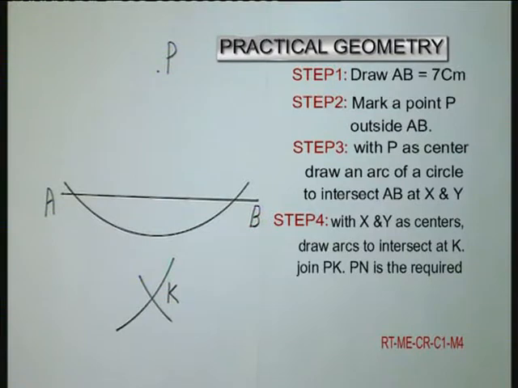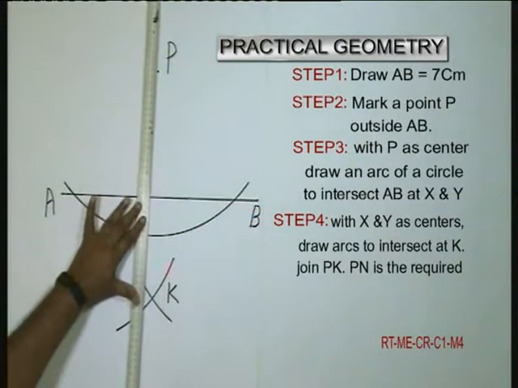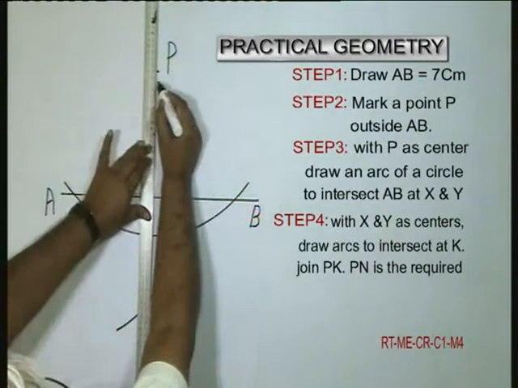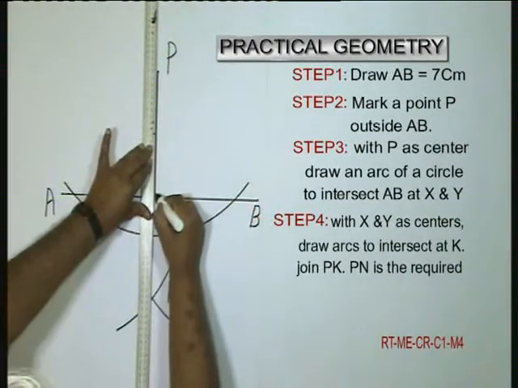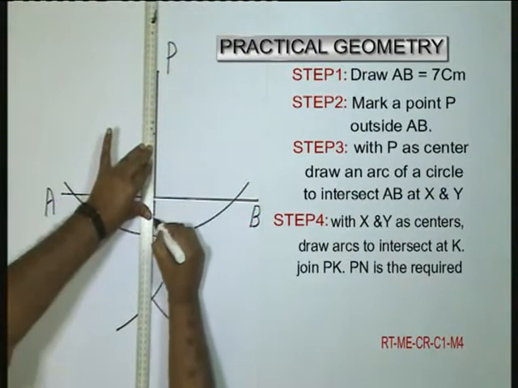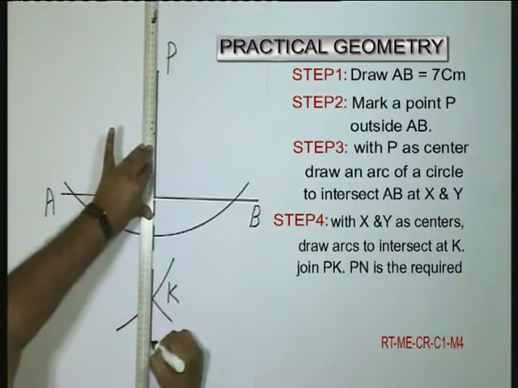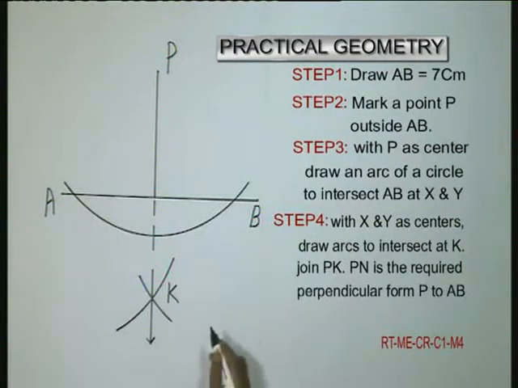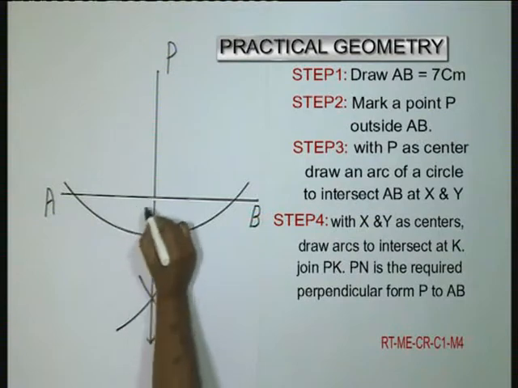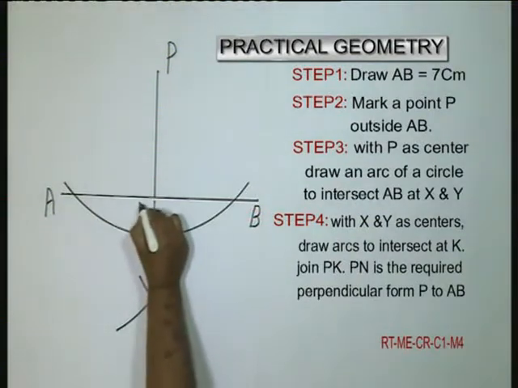Let PK intersect AB at N. PN is the required perpendicular from P to AB.